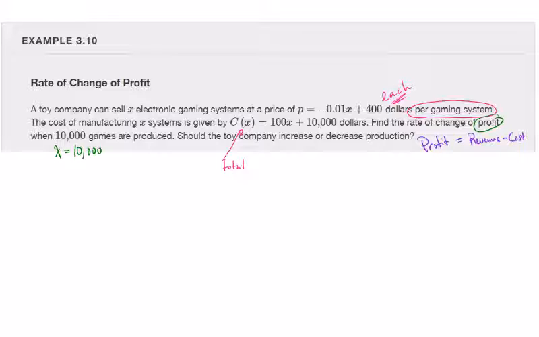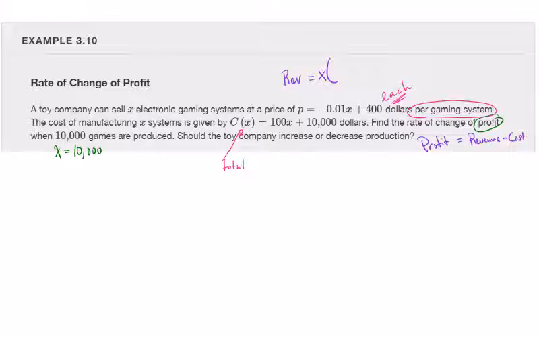And so let's find our revenue. That's not even given here, right? So revenue is going to be the number of items sold times the price, right? And our number of items sold is X. That's what X represents. And then our price is P, so this function here.